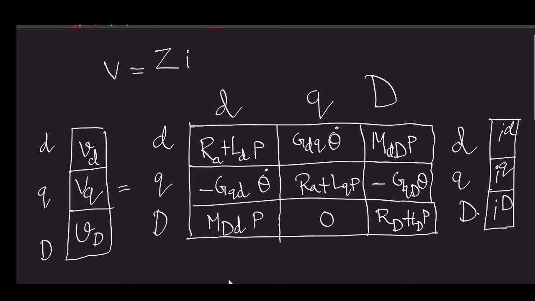This is the normal equation for our primitive machine.